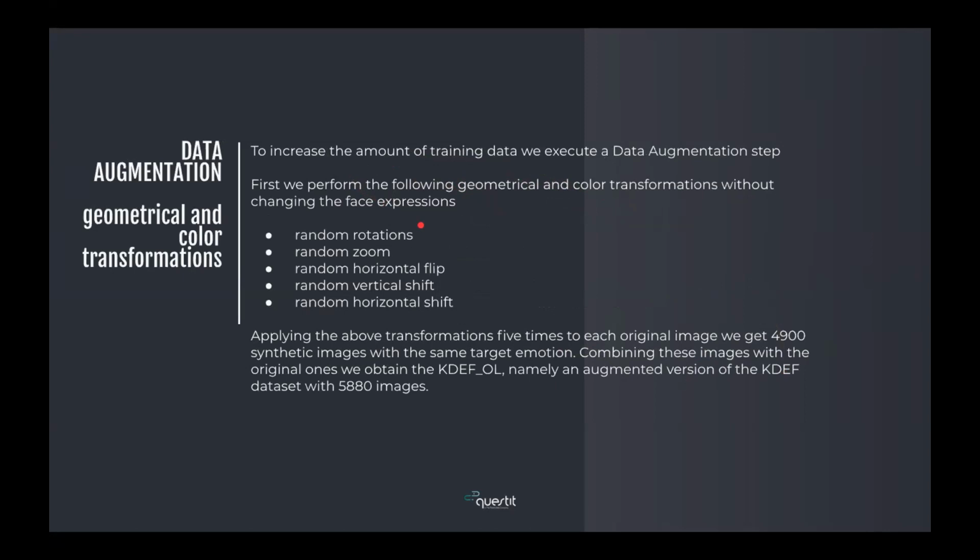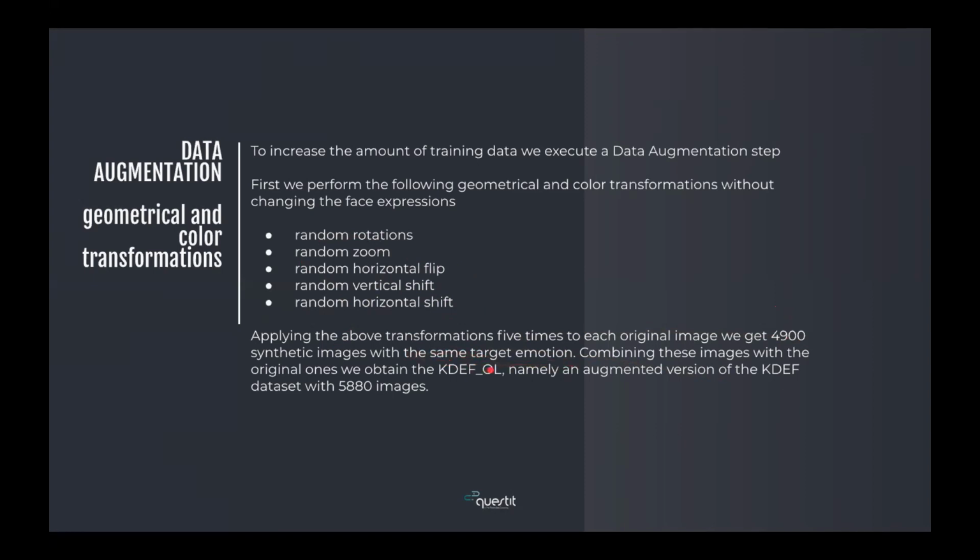So we build an operator making use of random rotation, zoom, horizontal flip, vertical shift, and horizontal shift, and we applied this operator 5 times to each original image in order to get 4,900 synthetic images with the same target emotion.